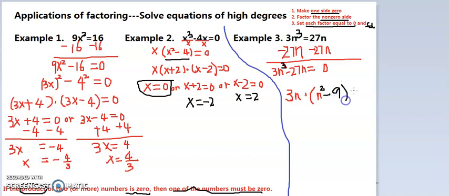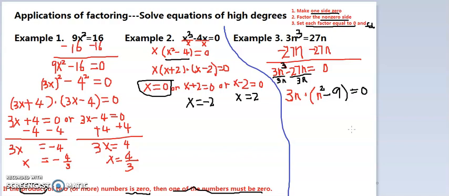If you have trouble seeing why we got n squared minus 9, you take each of them here and divide by the greatest common factor, 3n. 3 divided by 3 is 1, n cubed divided by n is n squared. And then you take negative 27n divided by 3n. 27 divided by 3 is 9, and n divided by n, they cancel out.